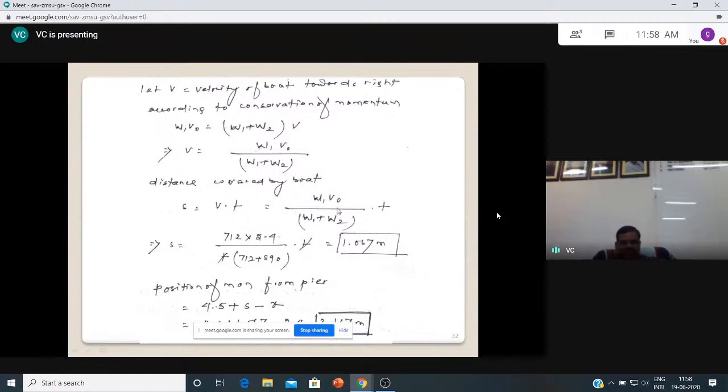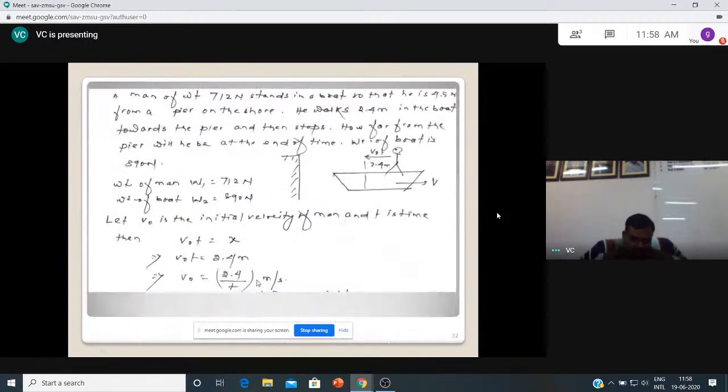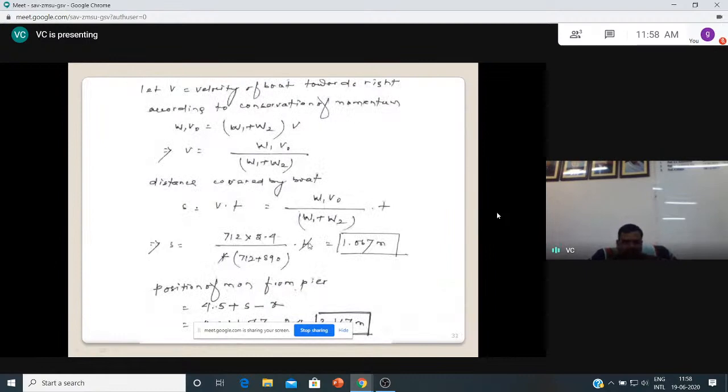Weight is 712, V0 is 2.4, this V0 is from the previous equation, 2.4 by t. The 2.4 by t will be cancelled. Now this is the value, 1.027. Out of 2.5 meters, it's 1.07, together it is moving.